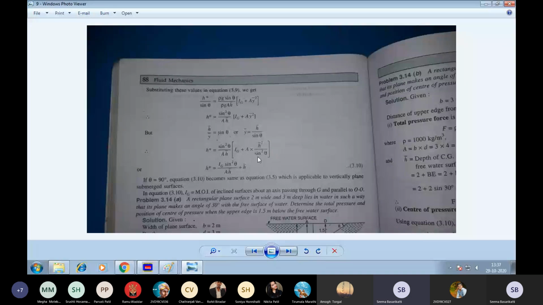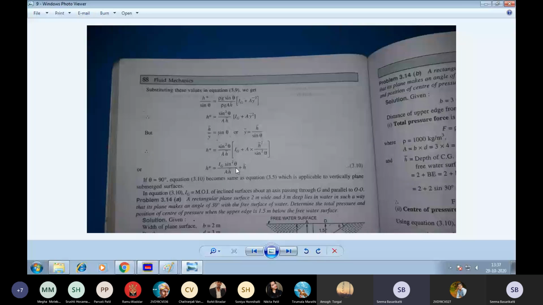When multiplied by this term, sine square theta cancels, a also cancels. Here h bar and h square bar are there, so one h bar cancels. Finally we end up with the equation h star is equal to Ig into sine square theta divided by a into h bar plus h bar.